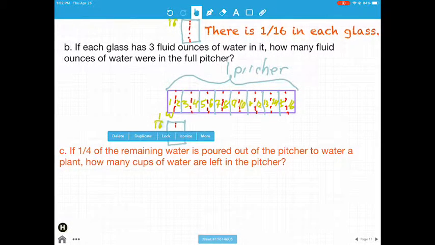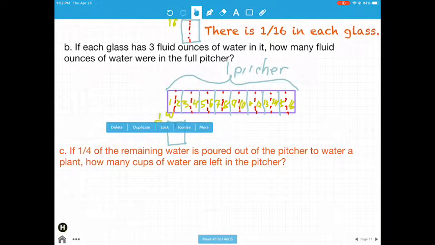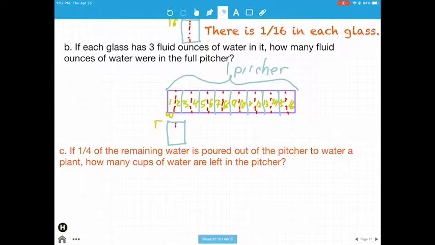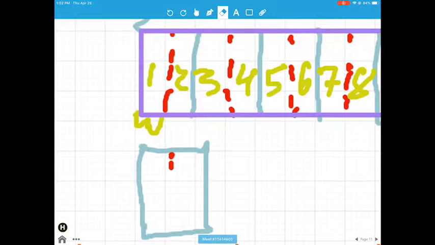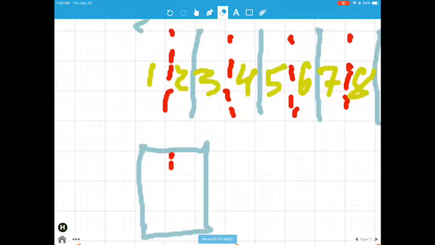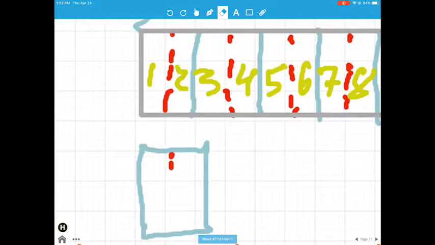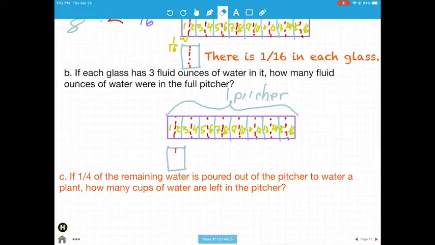All right, so I copied that. I'm going to erase this part here. I want to erase the numbers inside of it, but that's going to be a little difficult, so I'm not going to do that.